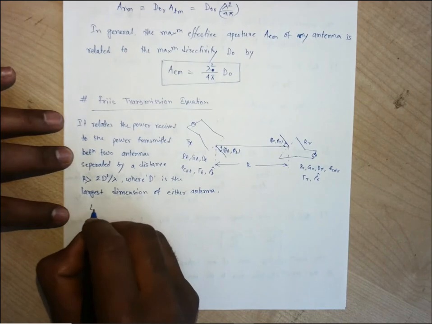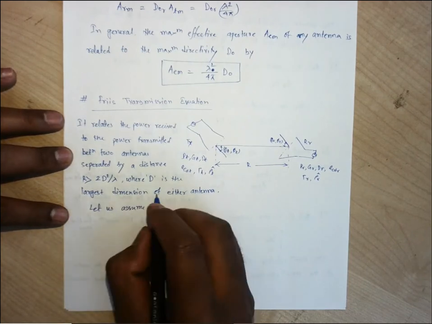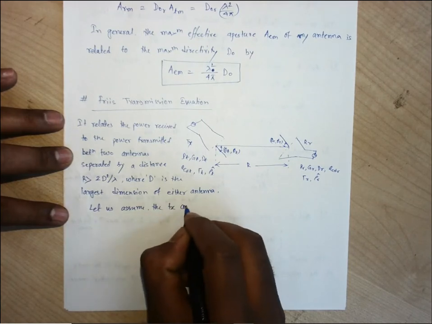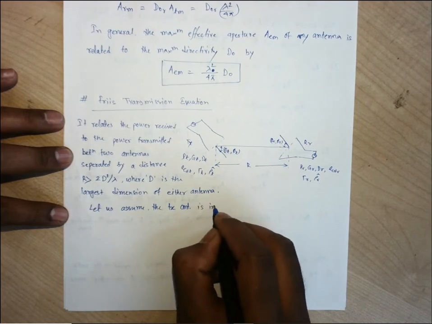Now let us assume the transmitting antenna, TX antenna, is initially isotropic.